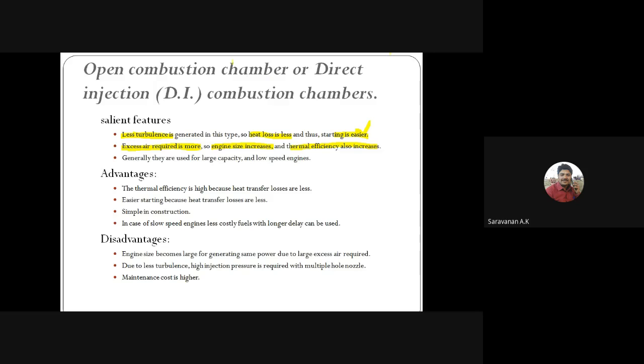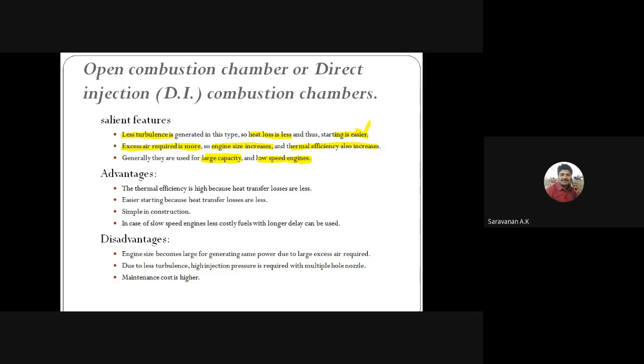Its size increases, so it has large capacity, and the speed may vary. This type of open chamber has a large capacity, and we have low speed engines, which are used in low speed engines. So these are the salient features of the open combustion chamber, or direct injection combustion chamber.